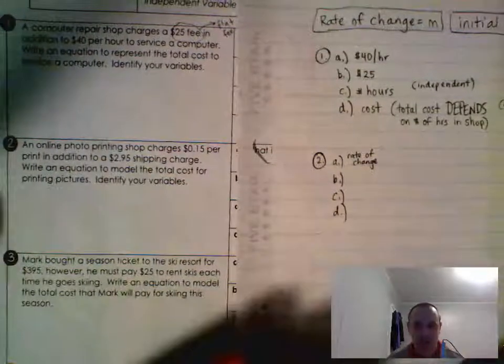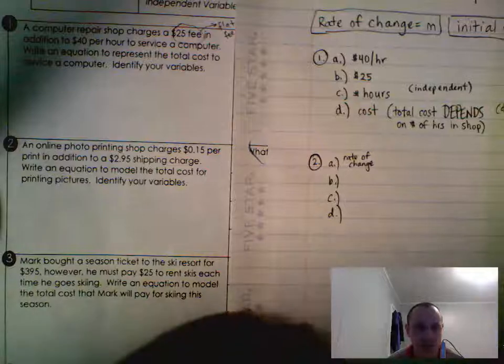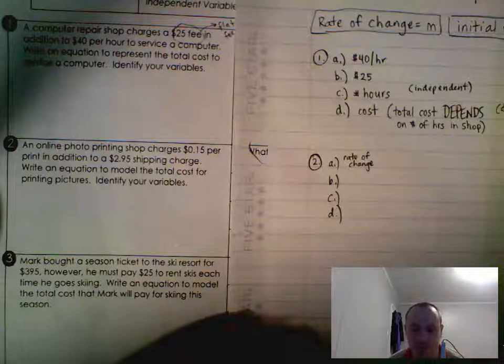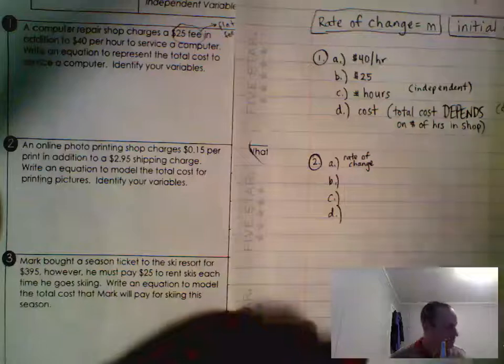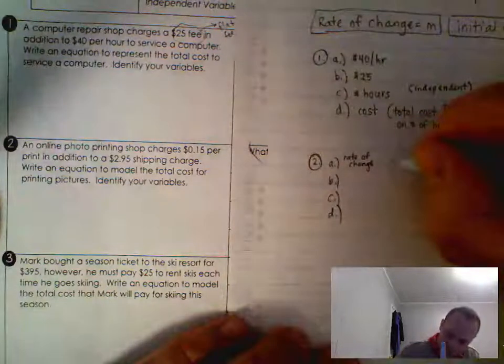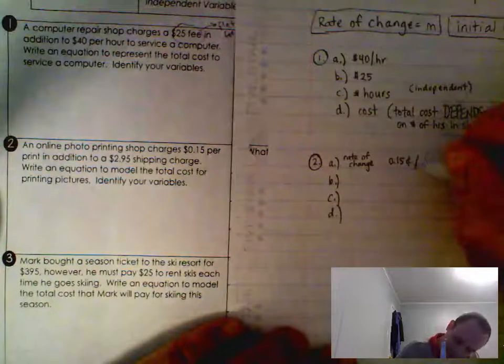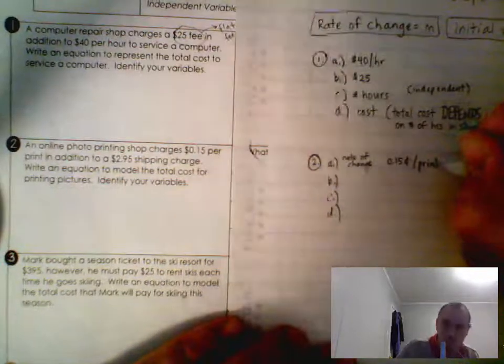Okay, so in this situation for number 2, is the rate of change 15 cents per print, or is it $2.95 per shipping charge? Okay, the rate of change is the 15 cents per print because that's the thing that changes based on how many prints you got.